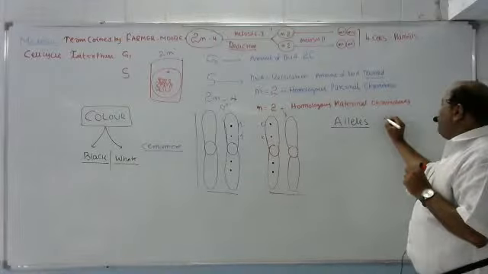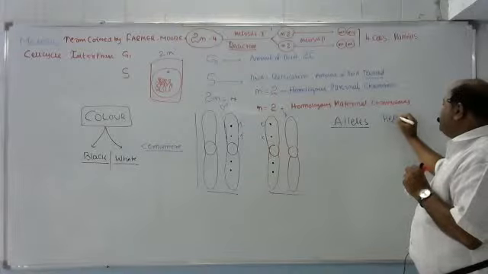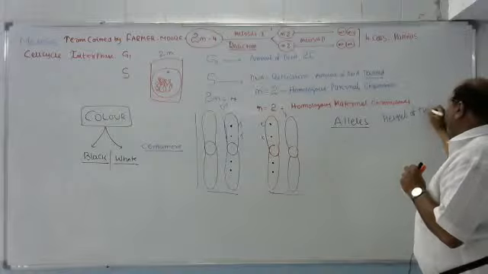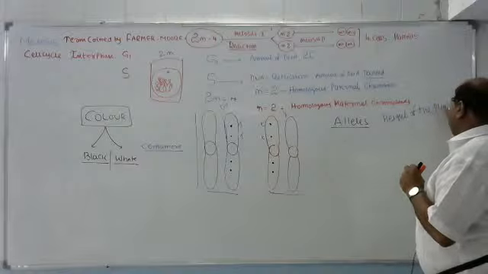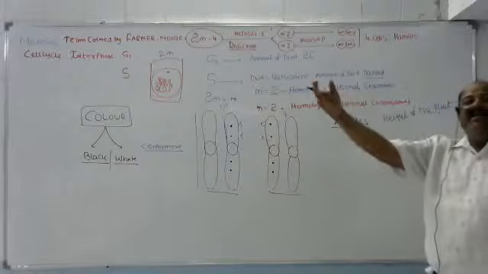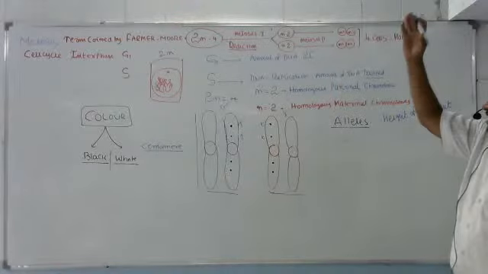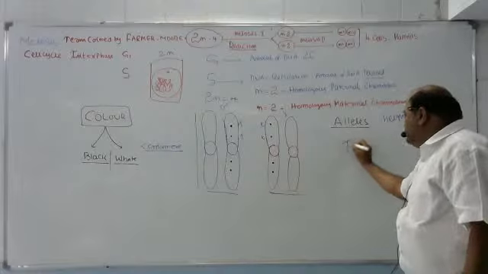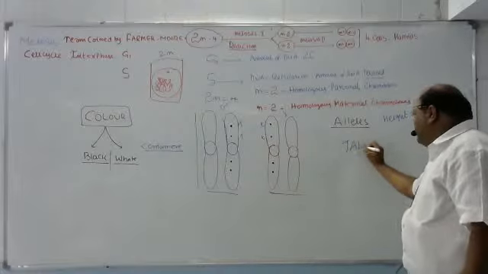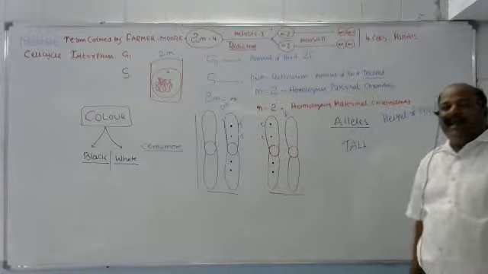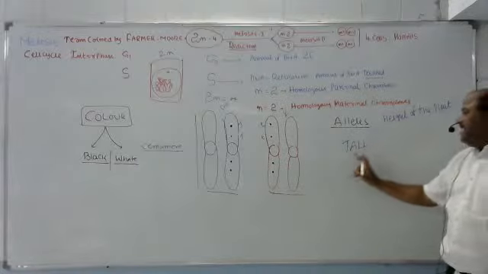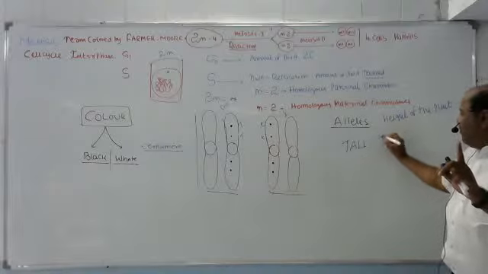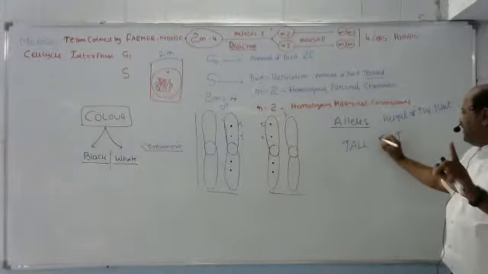For example, here we used to discuss the height of the plant. What is the height of the plant? The plant is very tall, 6 feet height. Now we used to say that the characteristic is height, expressed as tallness by alleles. What are the alleles here?